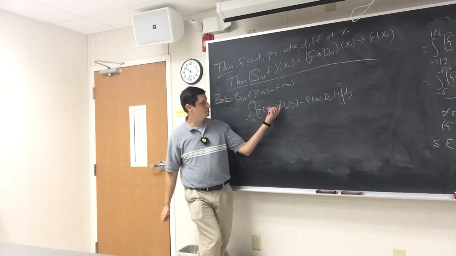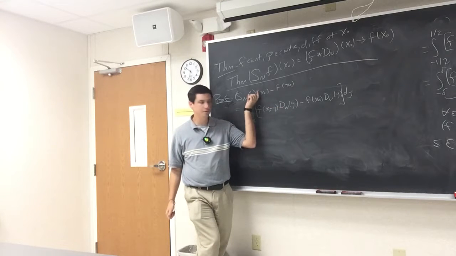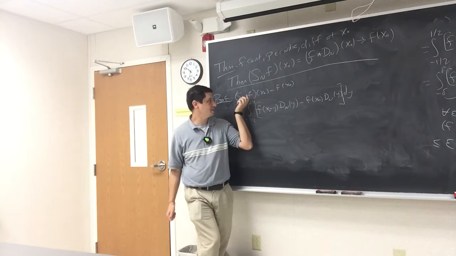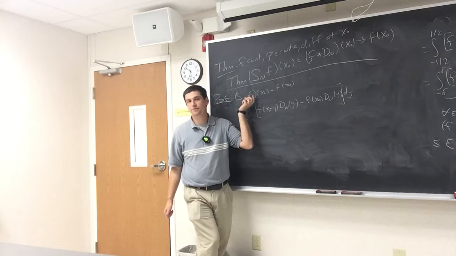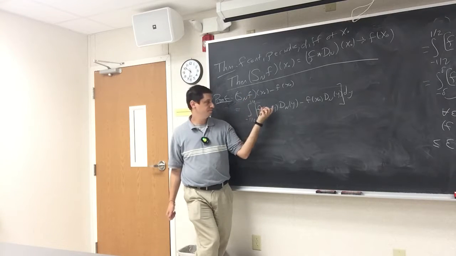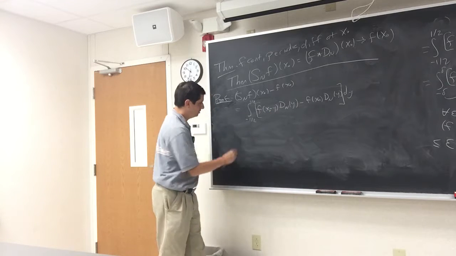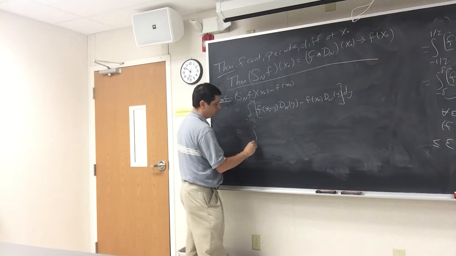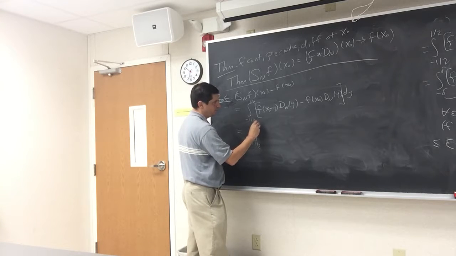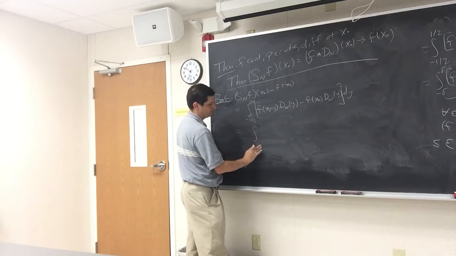The first part is just what it means to be taking the convolution. And we showed last class that that just turns out to be the Fourier series from minus N to N. All right, so this is looking a lot like what we did before, the integral from minus a half to a half. Well, let's break it up into two parts.